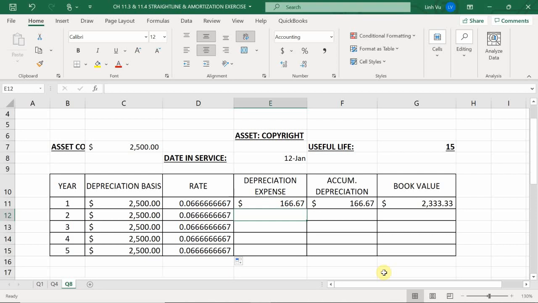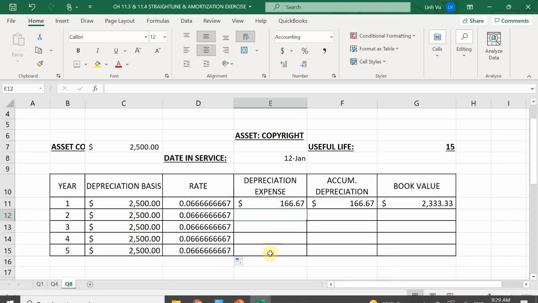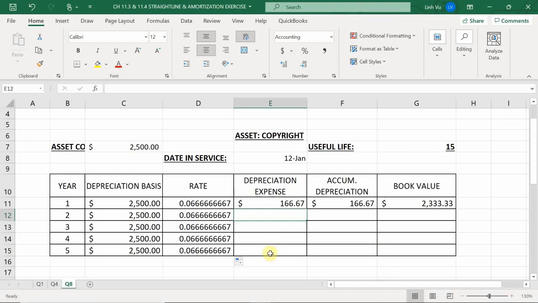It's going to be the same as well. Because if I have my basis and my rate to be the same, then basis times rate, that's the formula for the depreciation expense. If I'm doing the same numbers over and over again, it's going to appear to be the same exact numbers all the way through.